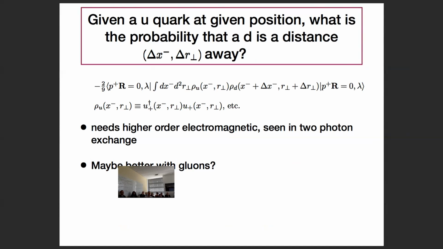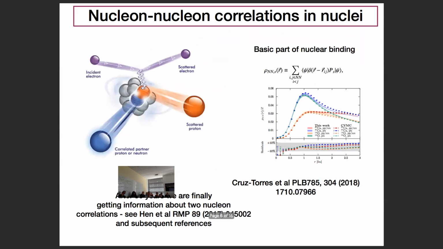We know that two photon exchange is important in various cases measured at JLab, but basically it's hard to see. So one can ask, can we write something maybe better with gluons, because gluons are strongly interacting and you don't lose anything in a non-perturbative regime by having more interactions.